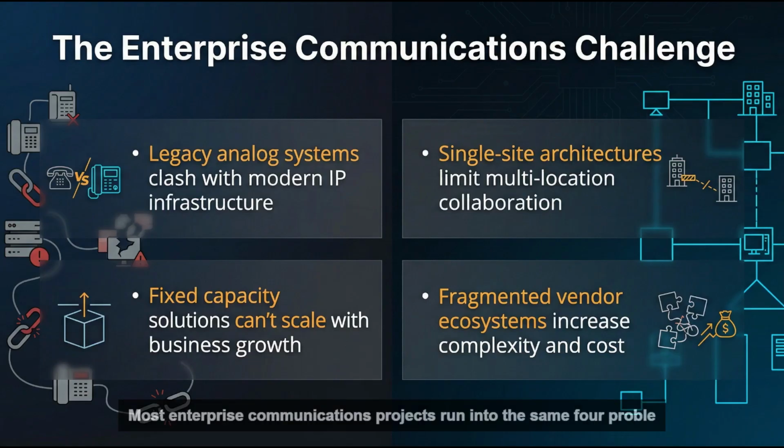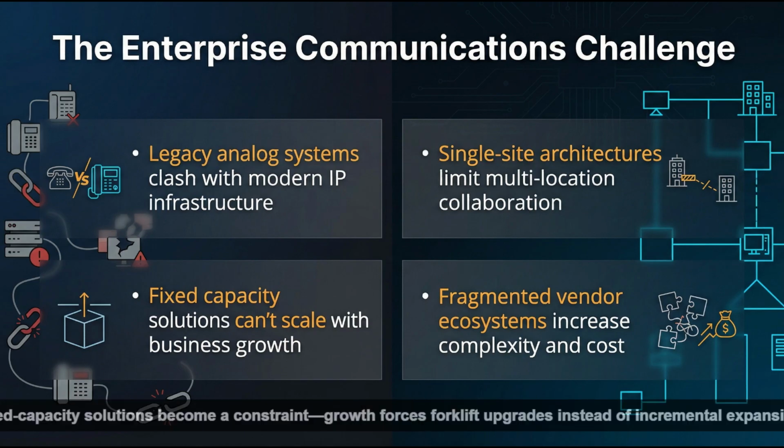Most enterprise communications projects run into the same four problems. First, legacy analog systems don't naturally fit with modern IP networks, so teams end up maintaining two worlds at once. Second, many systems were designed for a single site, which makes multi-location collaboration and consistent dialing plans difficult.